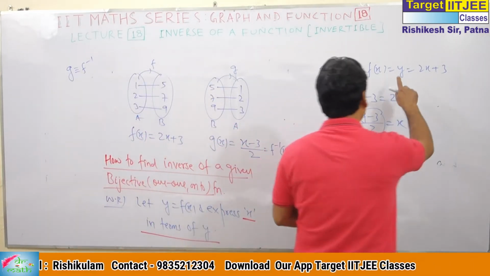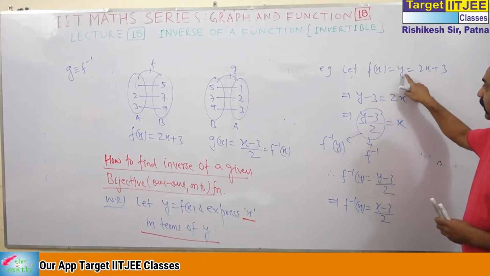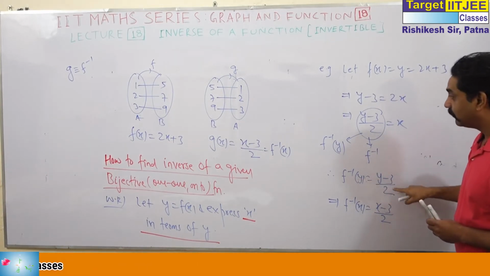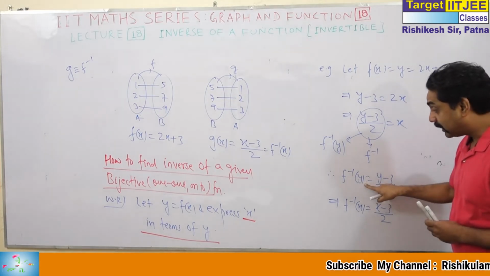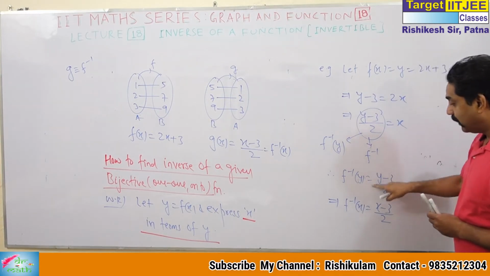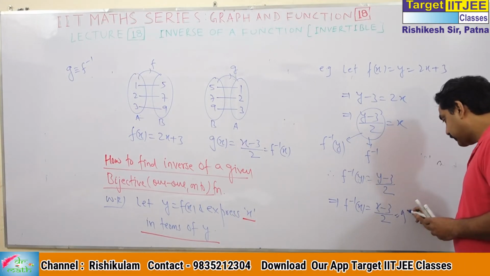If we take t here, it becomes f inverse of t; if we take u, it becomes f inverse of u. So when we find the inverse function, it comes in terms of y, and finally we replace y by x. This is our g(x).